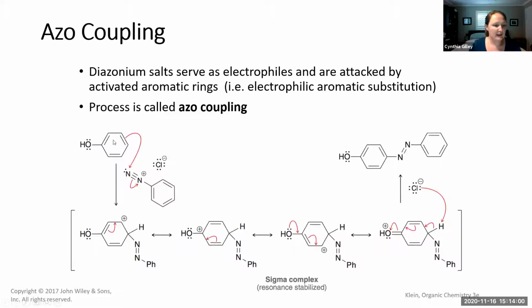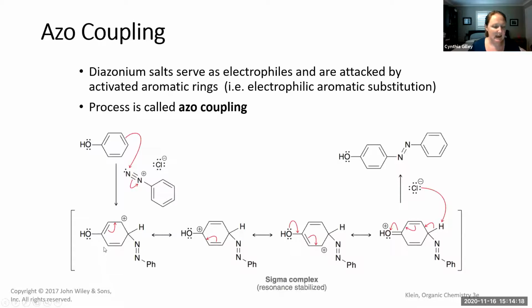So the nucleophilic attack of the pi bond from the activated ring attacks the electrophilic nitrogen, and electrons move up to this nitrogen through resonance. That gives us the resonance stabilized sigma complex, also known as arenium ion.